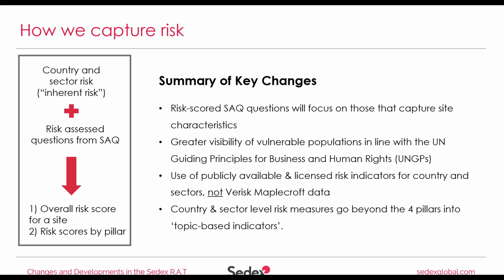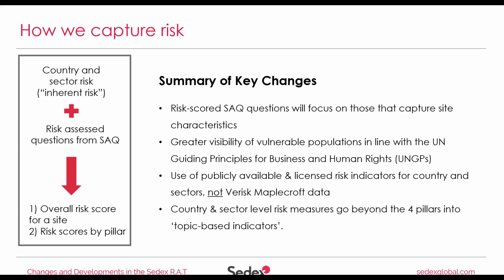And then from that, it creates an overall risk score for a site. And that can also be understood by pillar as well. So that overall format is the same with the new tool.